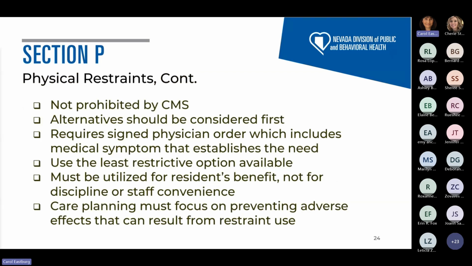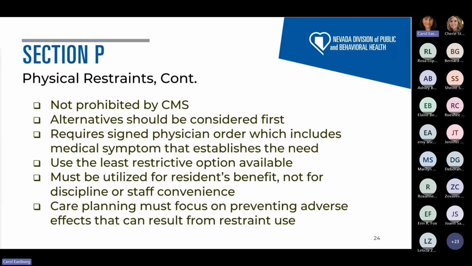Note that CMS does not prohibit the use of physical restraints the way they do chemical restraints. However, they are committed to reducing the unnecessary use of physical restraints in nursing facilities. All other possible alternatives should be considered first, and the least restrictive option should be used to begin with.